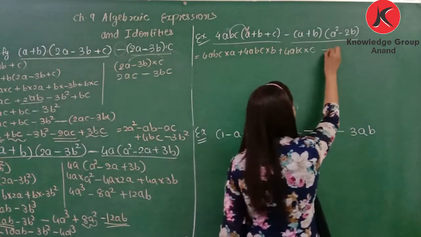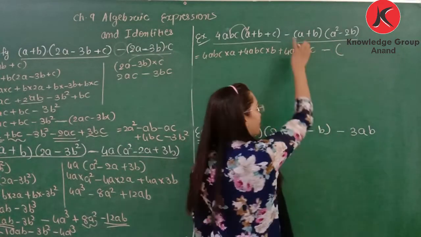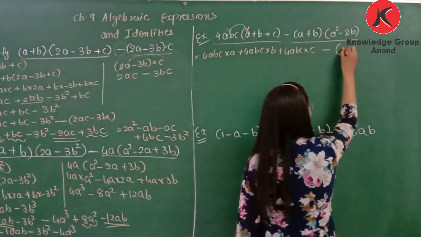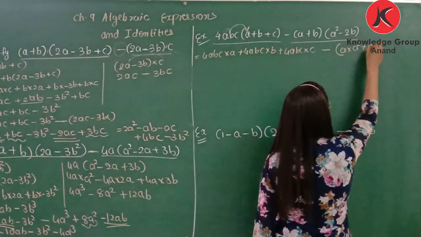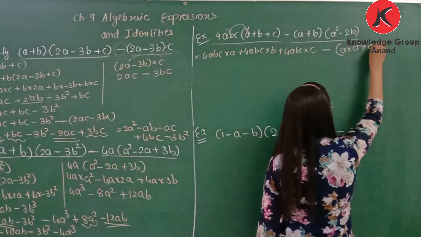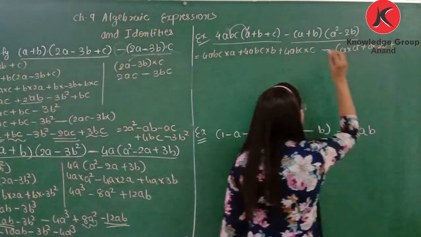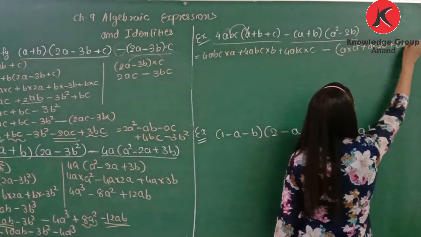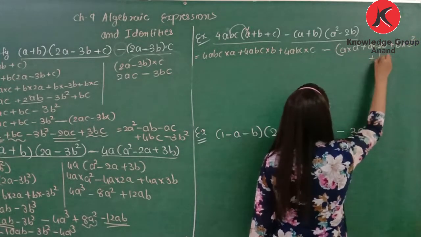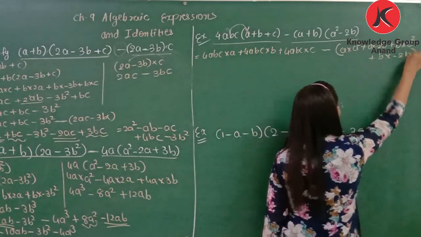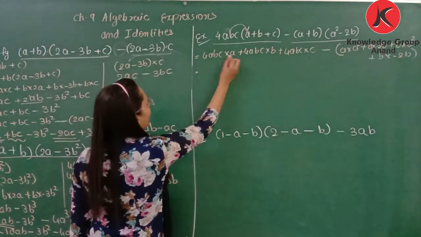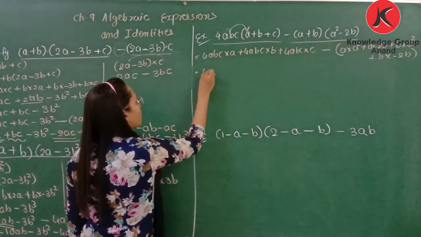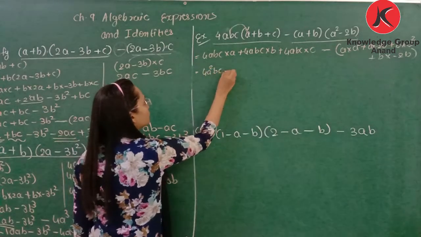Now subtraction, make a bracket because the subtraction sign is there. A is multiplied with a square, a is multiplied with minus 2b, plus b is multiplied with a square and b is multiplied with minus 2b. Clear? Now 4a is multiplied with a become 4a square bc.